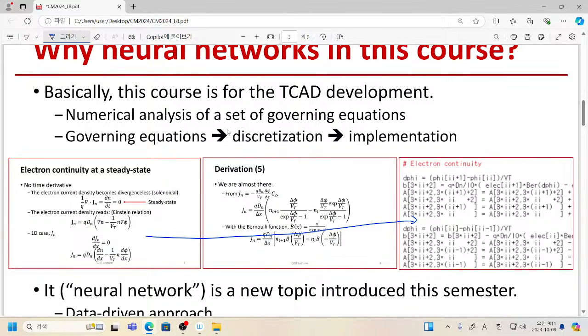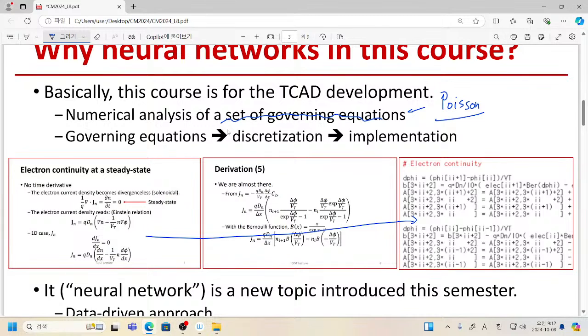Numerical analysis of a set of governing equations means, in this case, for example, the Poisson equation for electric field calculation. You have already done it for your one-dimensional MOS system, and you did certain numerical calculations.